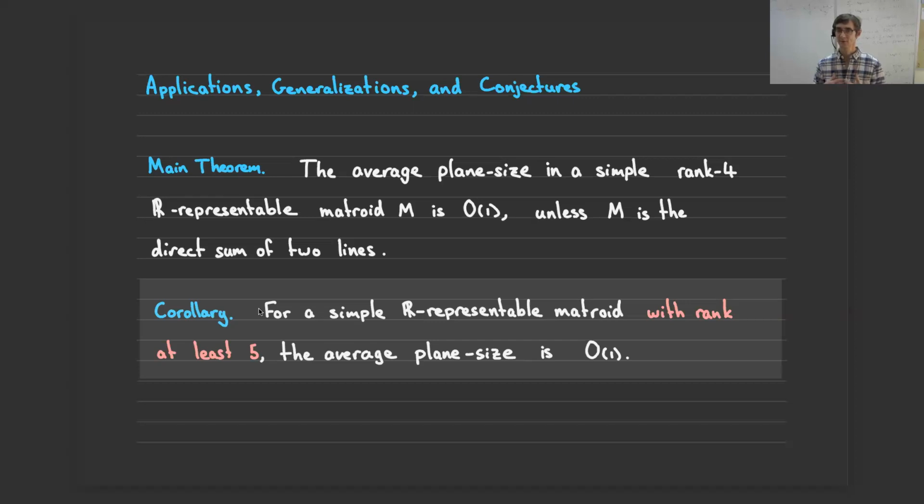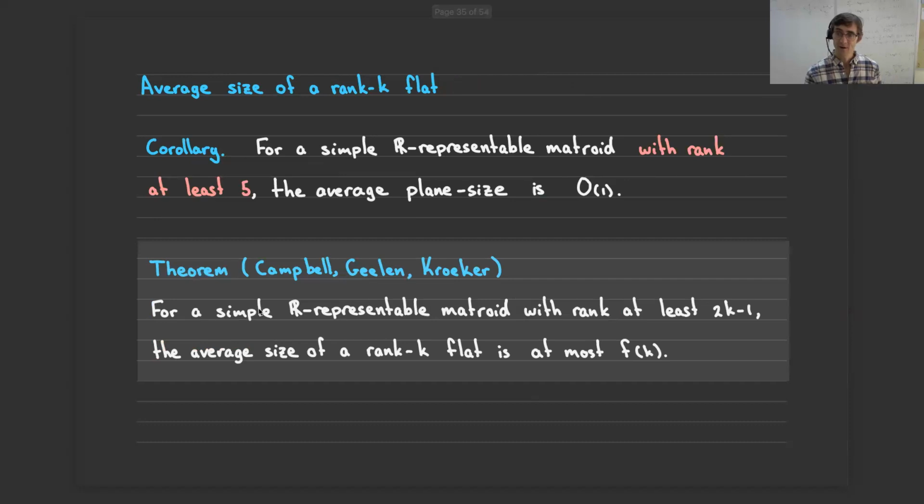So that says that if you have a simple real representable matroid with rank at least 5, the average plane size is just bounded. But you don't need any conditions at all once you're in rank at least 5. So we were able to generalize that to higher rank flats.